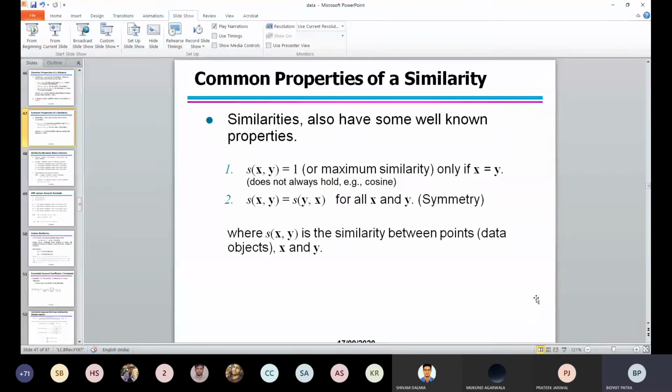Let's say you have a close friend, and you consider someone very close to you, but he or she may not consider you a close friend. So that relation is not symmetric. Therefore, it is not necessary to have a symmetric relation.